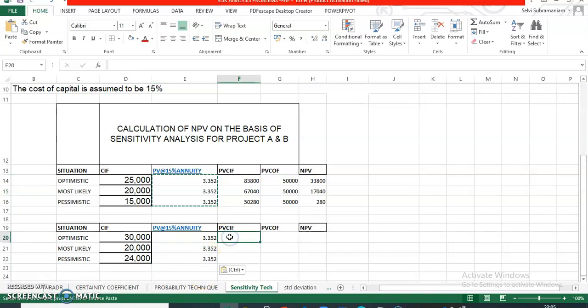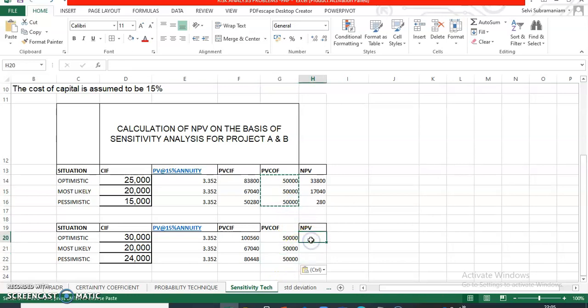So what is the PV CIF? This is equal to 30 multiplied with this. So 1,05,560, 67,040 and 80,448. The investment is the same. Okay. So the investment is the same.